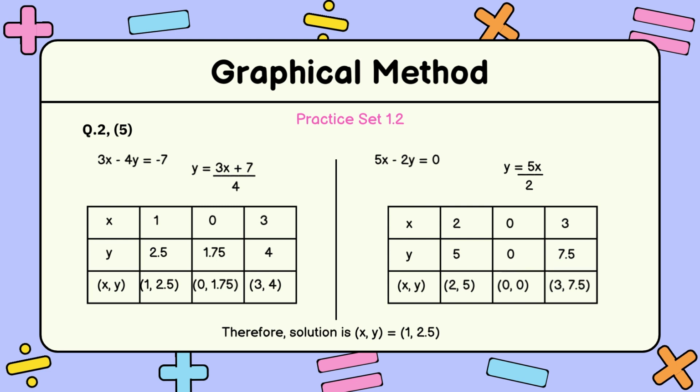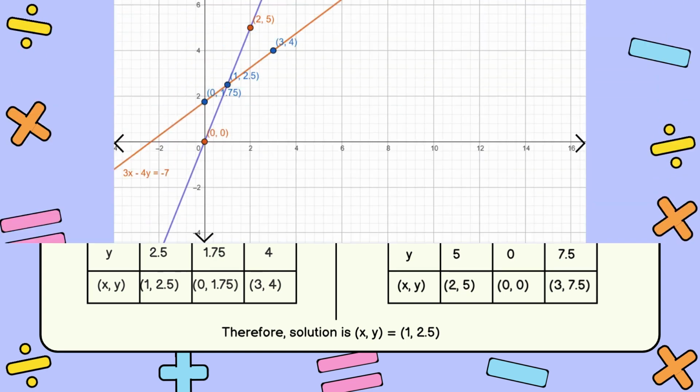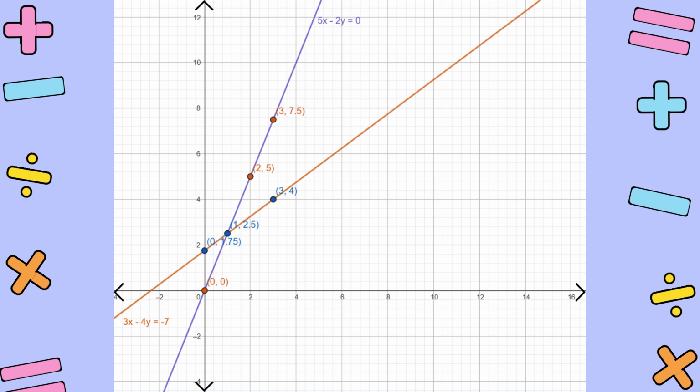Now when we take the value of x is 1, we get y is 2.5, and as you can see the other values are also given. You can take any number you like, just make sure that the coordinates you get are not hard to plot. And here on the graph paper we have both the equations.